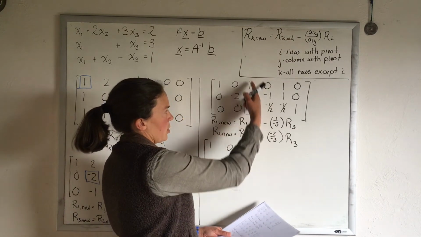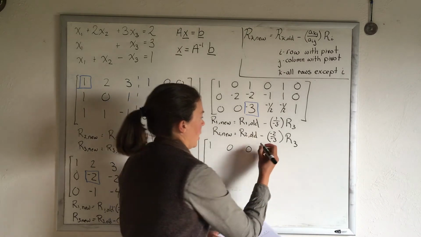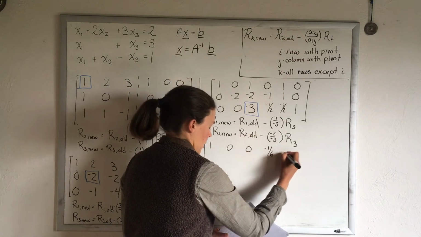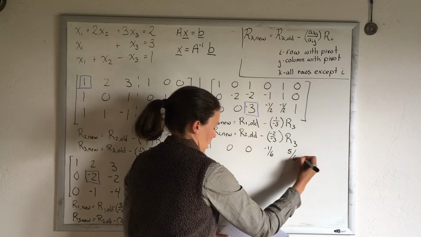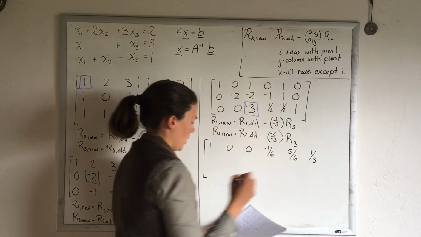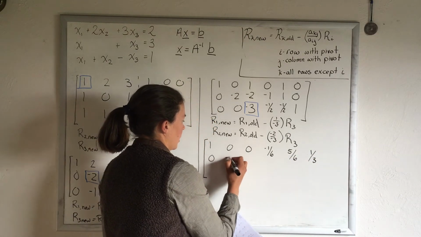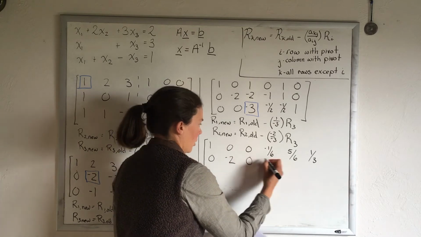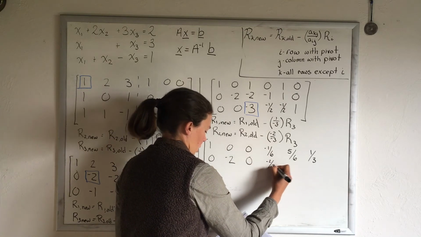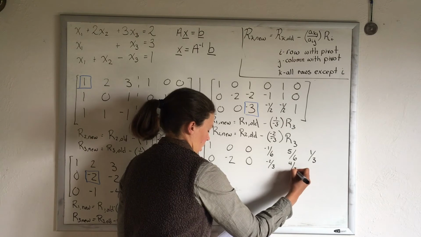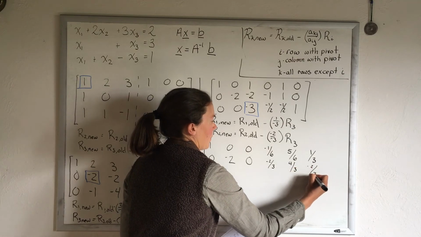So we're looking for those zeros in the rest of that column. And then -1/6, 5/6, and 1/3. And then the next row, I have 0, -2, 0, and then -2/3, 4/3, and -2/3.